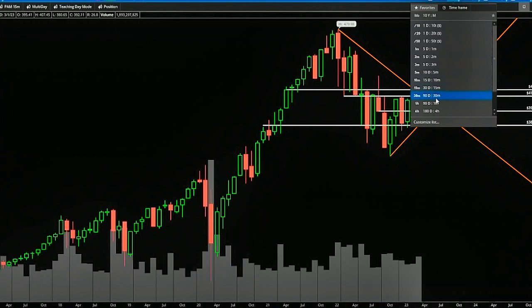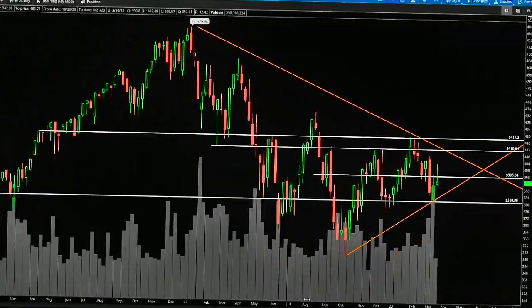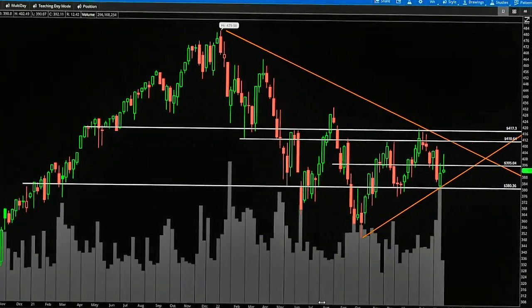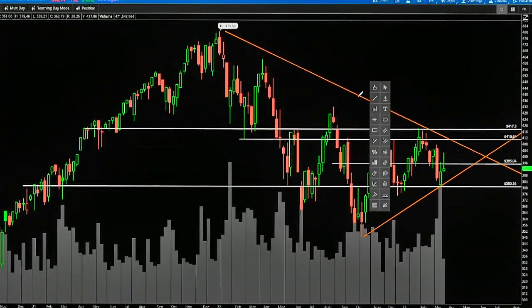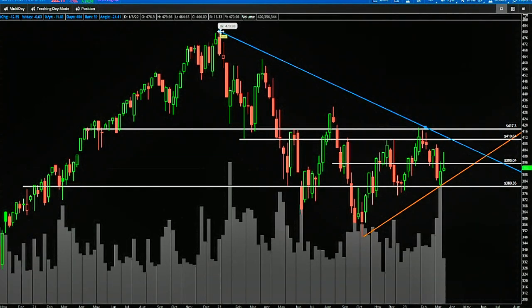So then I'll go into the weekly, and get a good viewpoint of where we're at from a weekly level. I take my trend lines and make them a little bit more accurate.